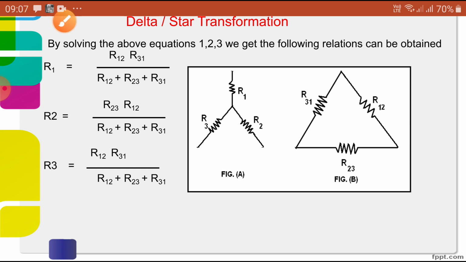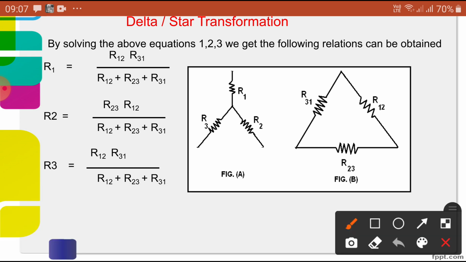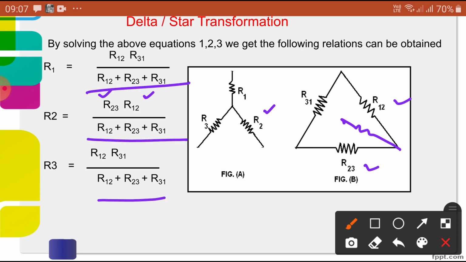Now this value is required, so what is this value? R12, R23 divided by the total value. The denominator is the same. Now this into this divided by total value, this is what we are going to get.